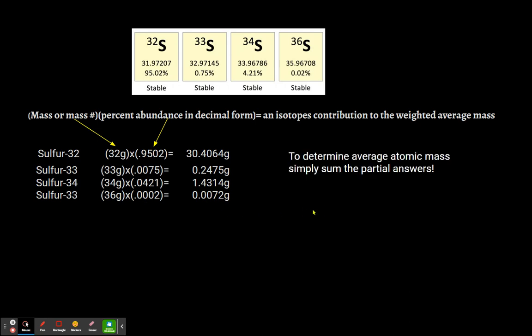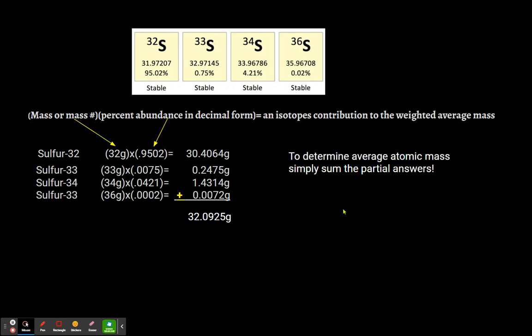To determine the average atomic mass, or weighted average atomic mass that appears in the periodic table, I would simply sum these partial answers. So I'm going to add them together, and I will get this as a total: 32.0925 grams.